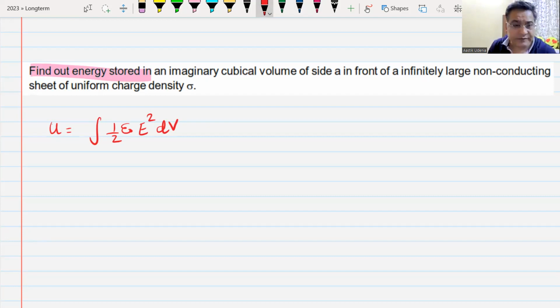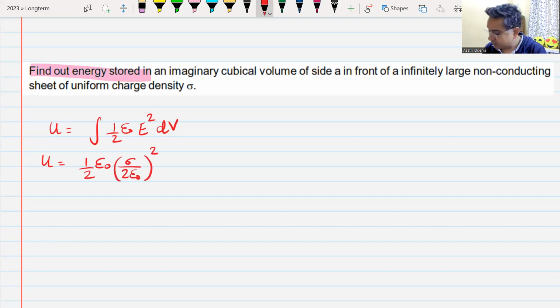Energy will be equal to half epsilon naught, times the electric field created by an infinite sheet, which is sigma by 2 epsilon naught. It is constant, yes or no? So this is squared, multiplied by the integral of dV, the volume. The volume of the cube is a cube, and that is the answer that we are looking at.